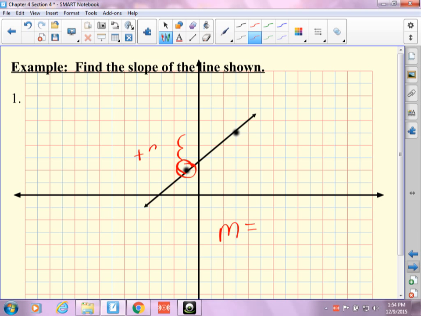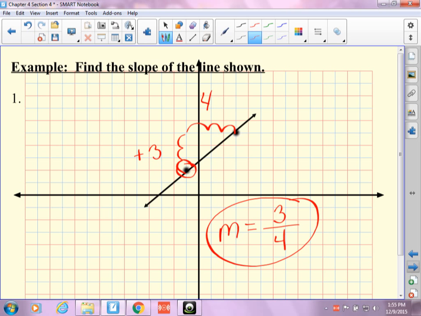So this is plus 3, because I move up 3. And then I move to the right 1, 2, 3, 4. So I'm going to move over 4. So my slope then is 3 over 4, which is 3/4.